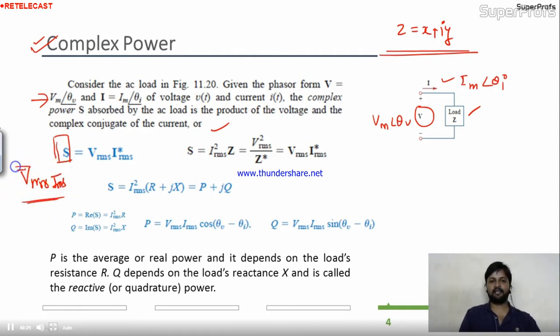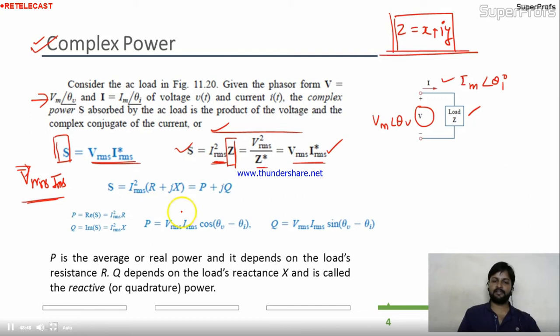But if the Irms is in the form of a complex number, then in that case, we will take S equal to Vrms into Irms conjugate. Okay. And what about these three forms? S is nothing but I square rms into Z, or V square rms divided by Z conjugate, or Vrms into Irms conjugate. You have seen this formula.